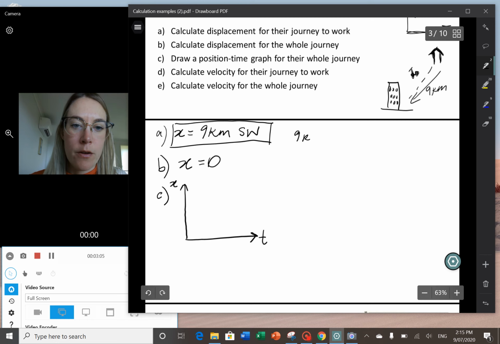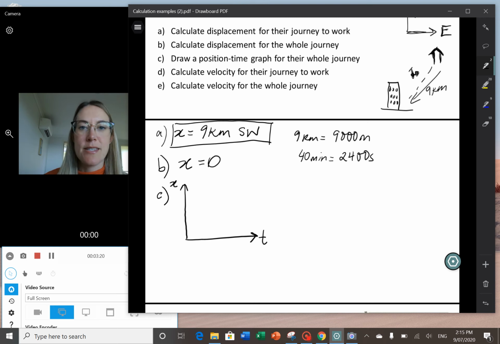So 9 kilometers is going to be 9,000 meters, and 40 minutes is going to be 2,400 seconds. 40 minutes times 60 seconds per minute is 2,400 seconds.